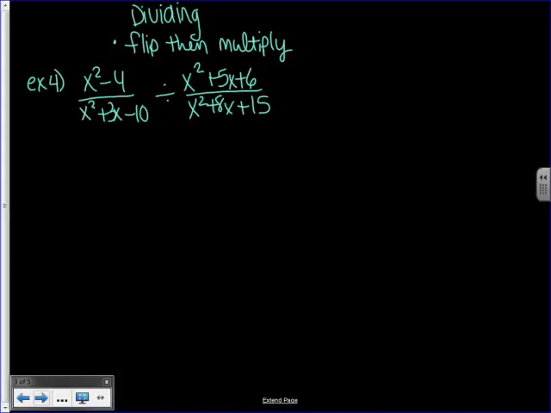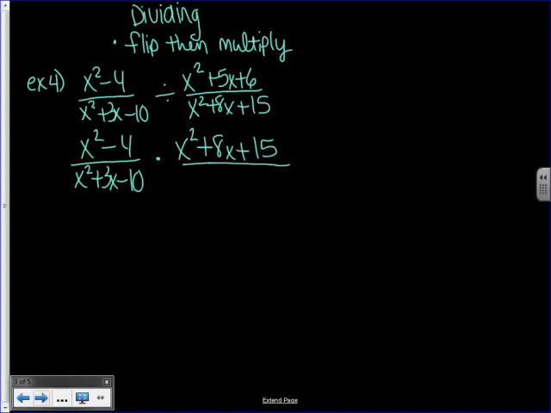So leave my first fraction the same, x squared minus 4 over x squared plus 3x minus 10. Change division to multiply. And then flip my last fraction. So it becomes x squared plus 8x plus 15 over x squared plus 5x plus 6.